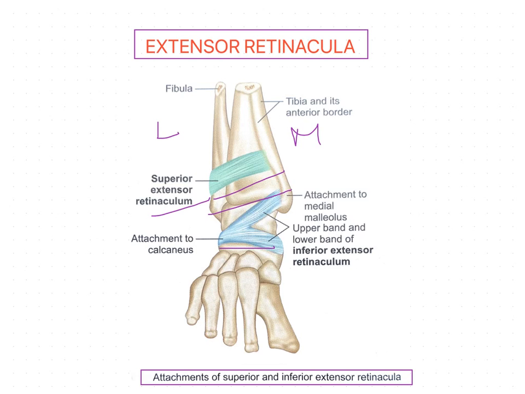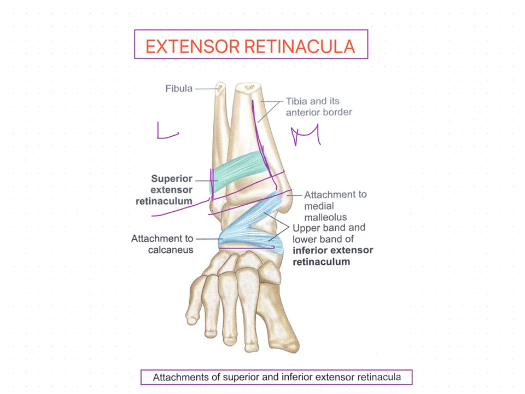Medially, it is attached to the lower part of the anterior border of the tibia. And laterally, it is attached to the lower part of the anterior border of the fibula, forming the anterior boundary of the elongated triangular area just above the lateral malleolus.